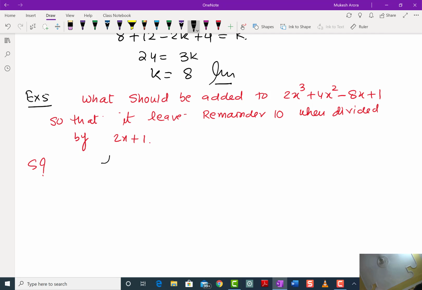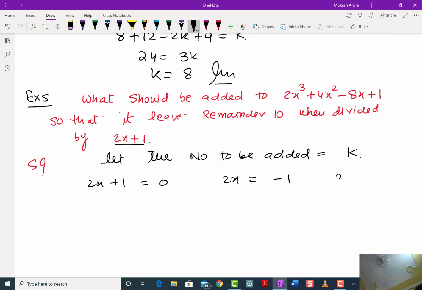What should be added? So we'll write, let the number to be added be k. So first of all, 2x plus 1 is equal to 0, 2x is equal to minus 1, x is equal to minus 1 by 2.